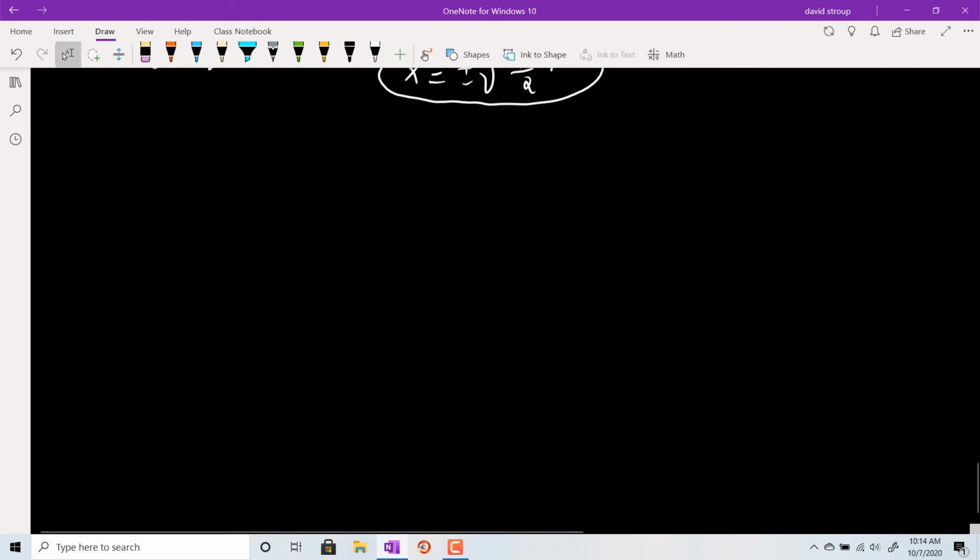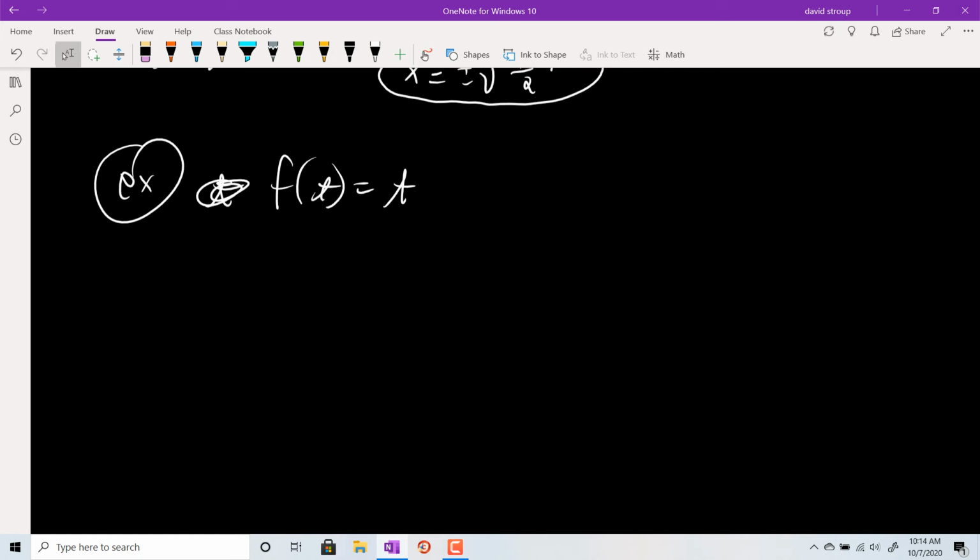Let's look at a mildly harder one. So we have f of t equals t times the square root of 4 minus t, and t is less than 3.